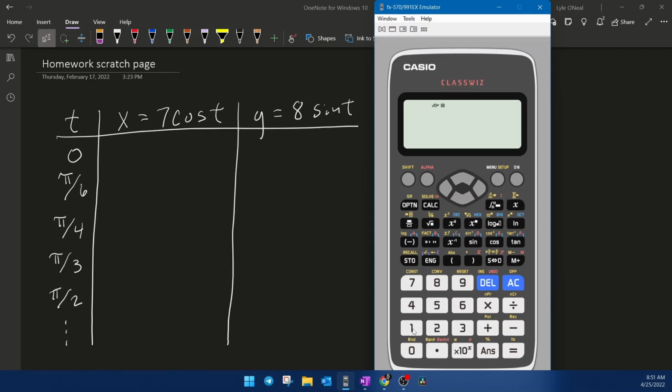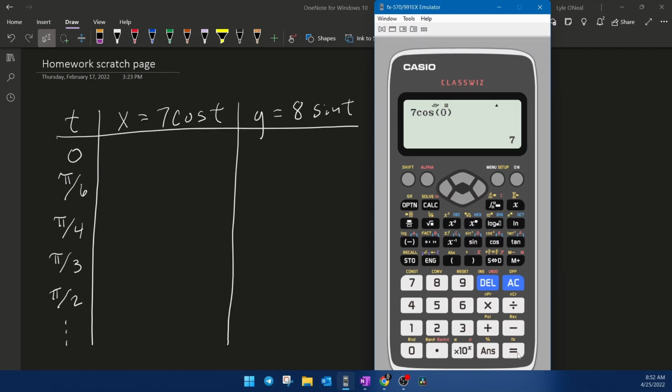In order to switch to radian mode, we go shift, set up, angle unit, and set it to radian. It may be really hard to see in the video, but now there's a little R up there on the screen, so we know we're in radian mode. So here we go. 7 cosine of 0 is going to be our first x coordinate, which is 7.